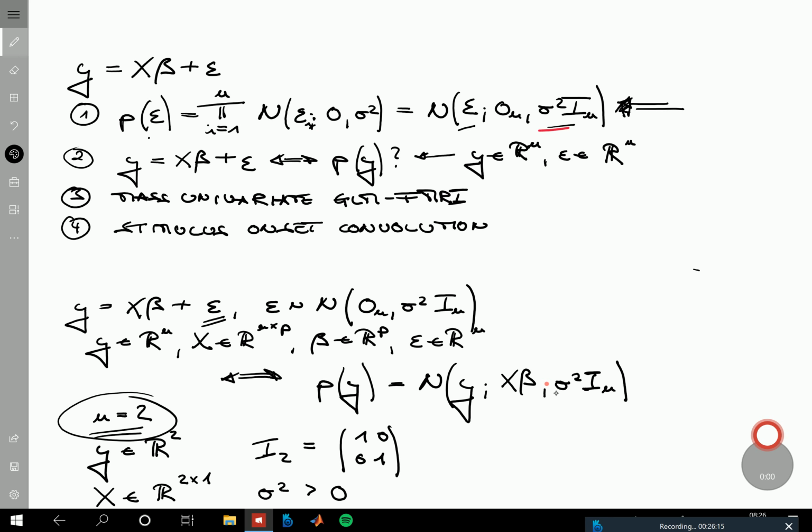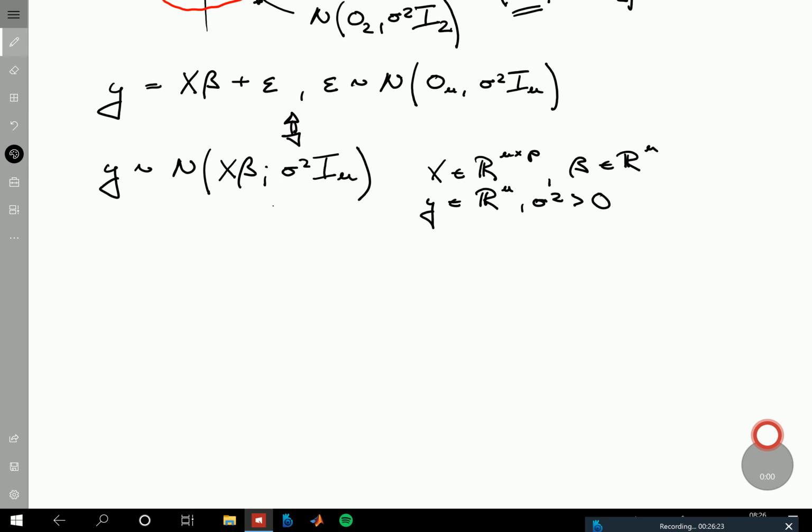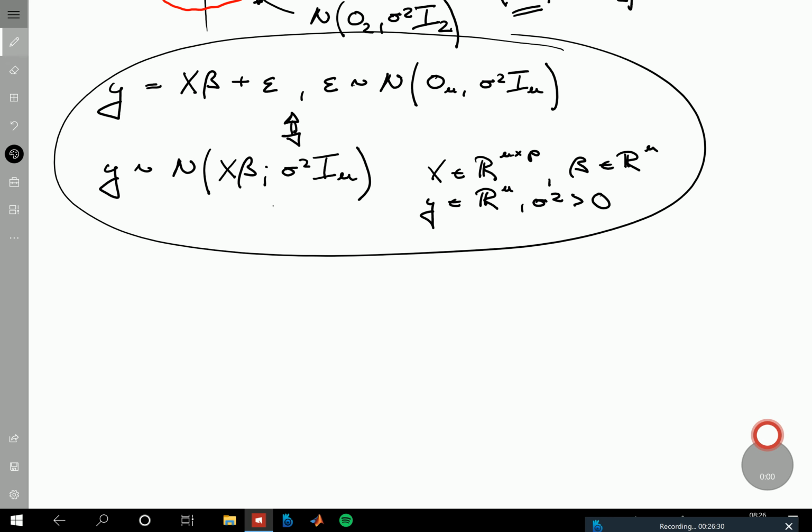So from now on you should always have these two ways of looking at the GLM in your mind. This x beta plus epsilon is what you see often in books and in articles and so on. I also refer to it as the structural form. The main reason is that structural equation models are called structural equation models because they have this form, though I think it's usually not referred to as the structural form.